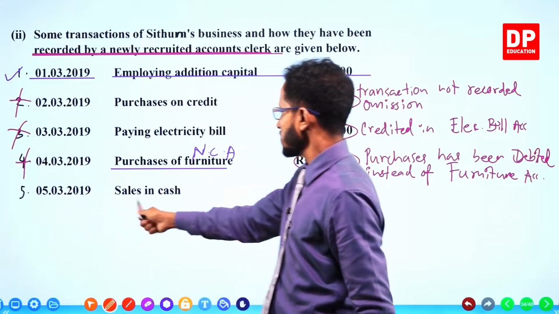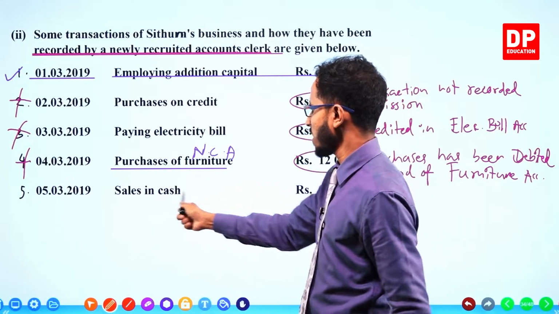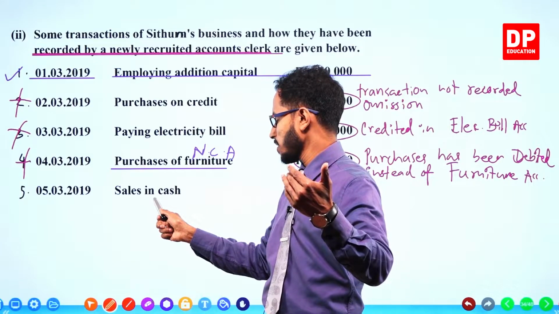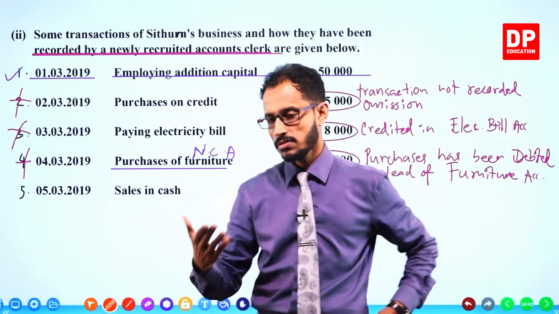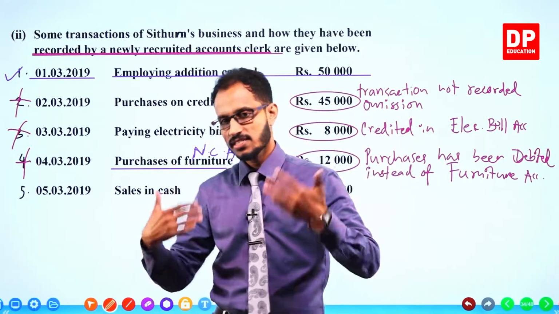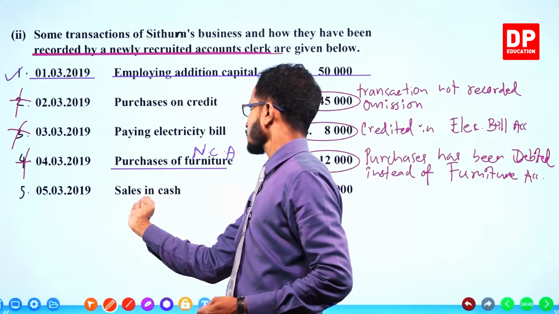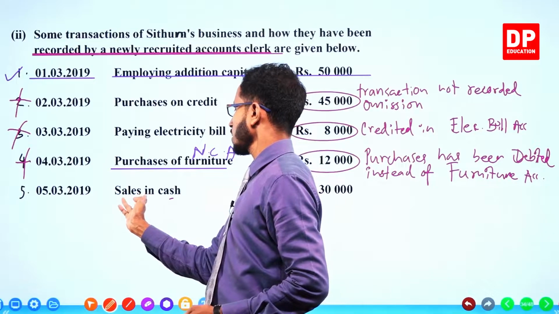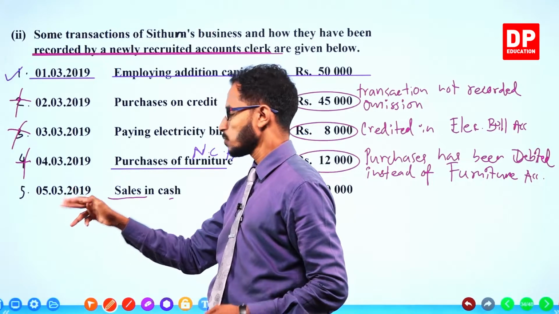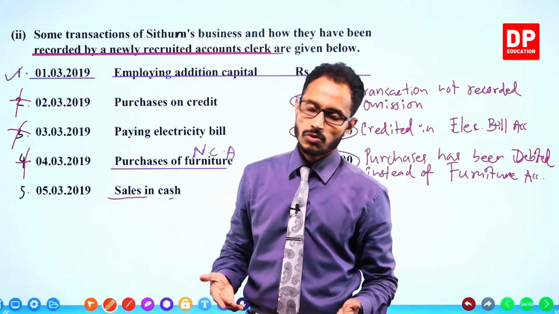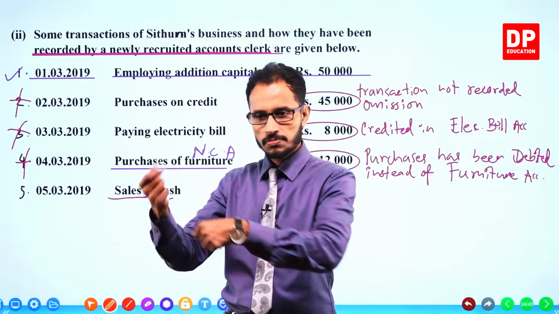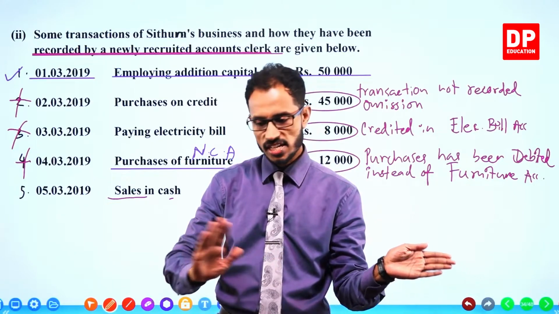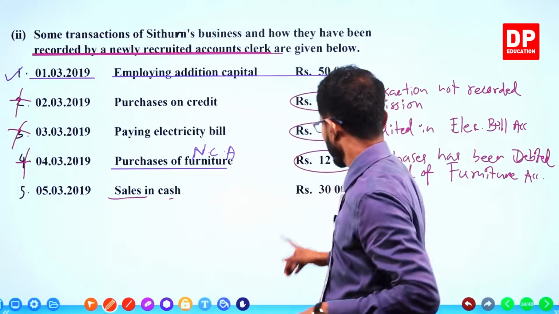Next one. This is also wrong. Fifth one, sales in cash, 30,000. Sales in cash, selling goods for cash. That is what the transaction says. So what you have to understand is goods are sold for cash. So cash comes into the business, right? Cash debit, sales credit. 30,000.